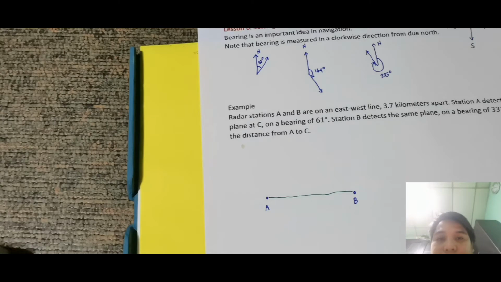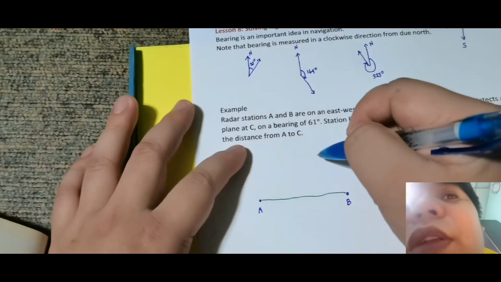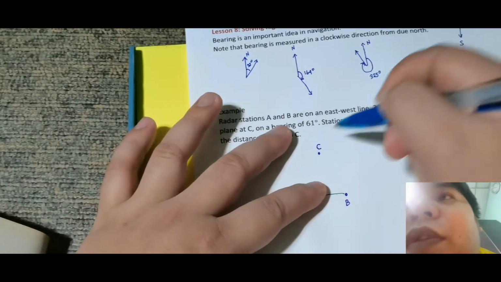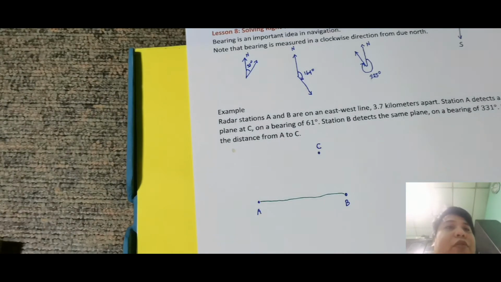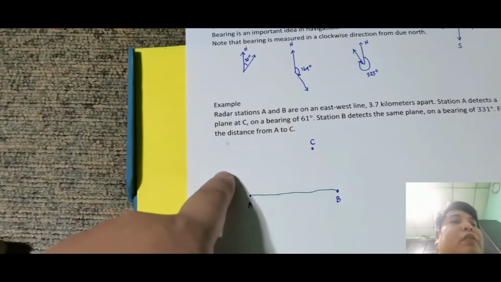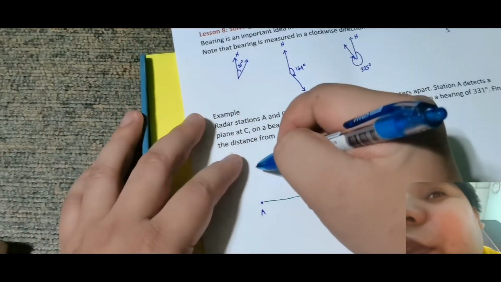Next, sabi, na-detect niya yung plane C. Assuming ito yung C, na-detect daw niya yung plane at C with bearing na 61 degrees. Assume ito yung north, 'di ba? Ito yung due north natin.